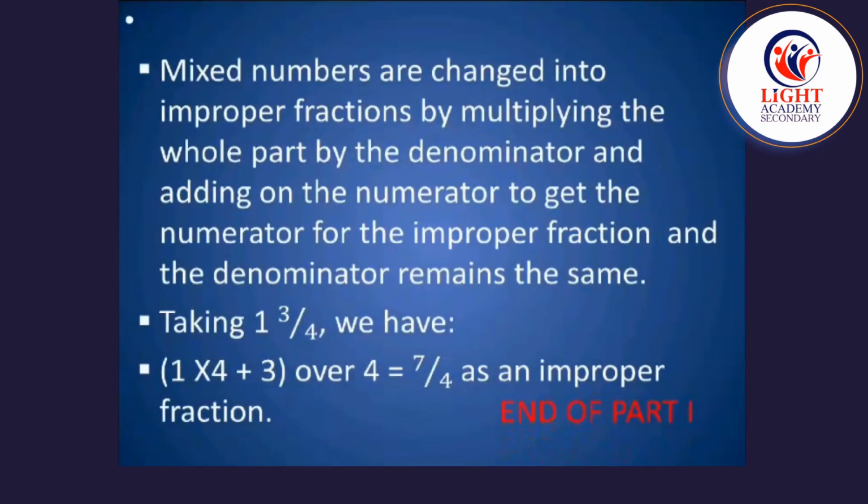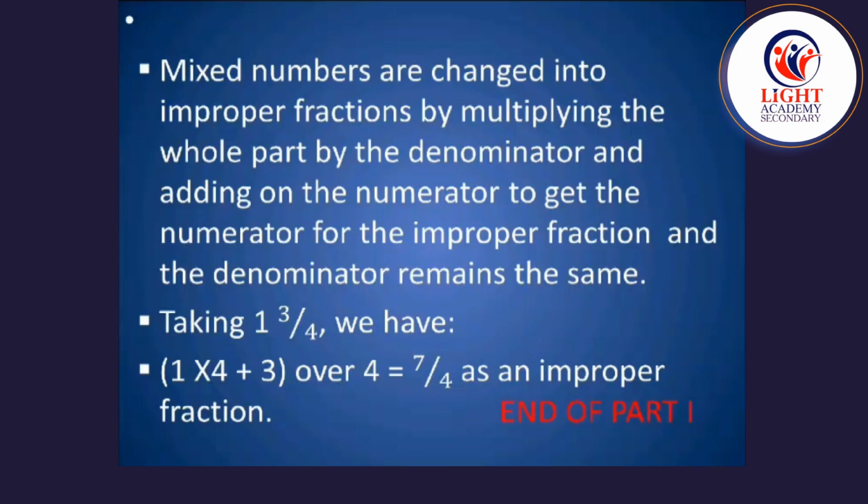We proceed. Like we have just said that improper fractions can be changed into mixed fractions, the reverse is also true. This is done by multiplying the whole part by the denominator and adding on the numerator so that we can get the numerator for the improper fraction, but the denominator remains the same.